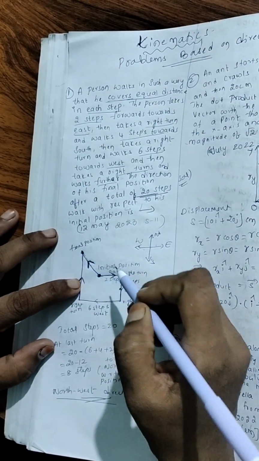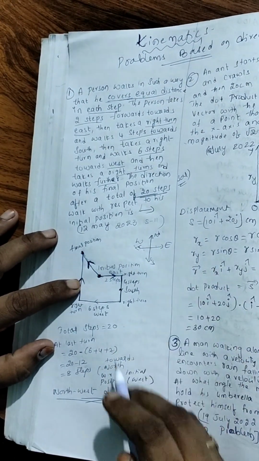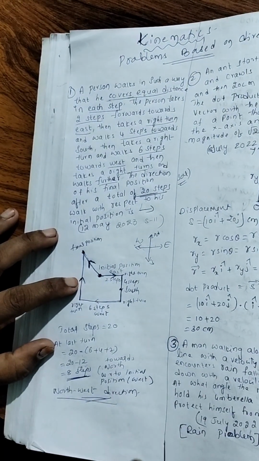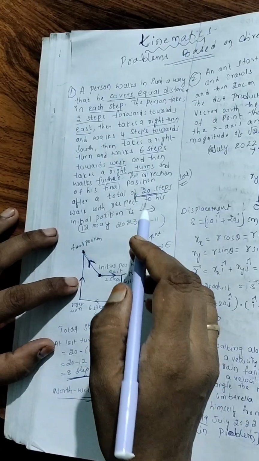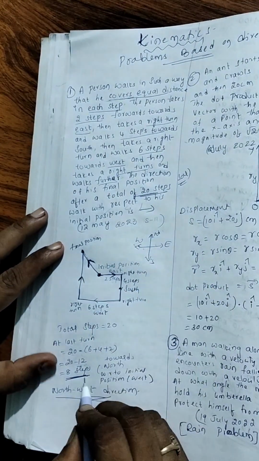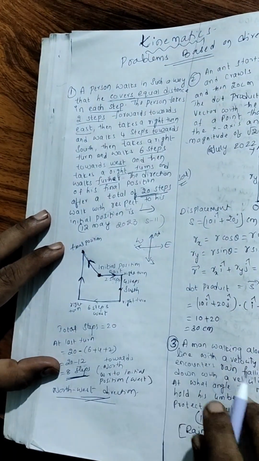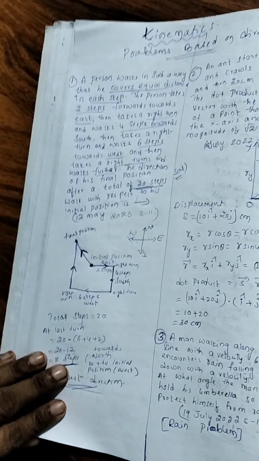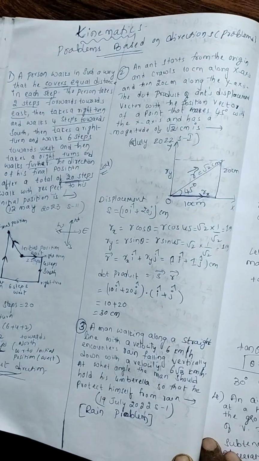This is here, so we can say northwest direction. He will have 8 steps in the northwest direction. Clear? Now let us go for the next question.